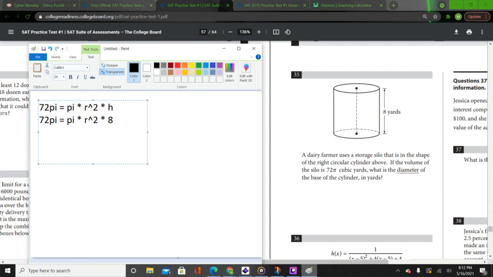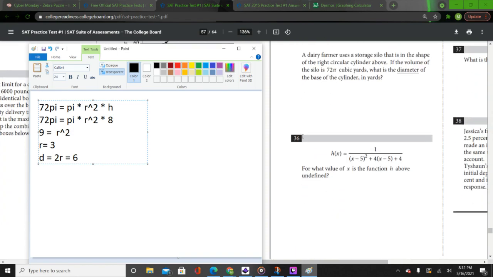We'll divide by 8. 72 divided by 8 is 9, and we'll also get rid of pi, so r squared is 9. R is equal to 3. It's not -3 because you can't have a negative radius. Well, technically you can, but that's another story for another day. And D is equal to 2r, which is equal to 6. That is our answer for 35, 6.